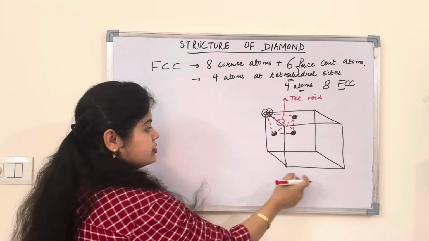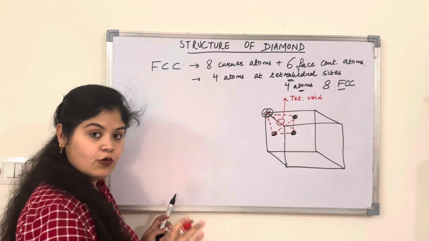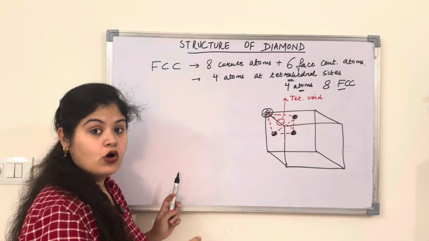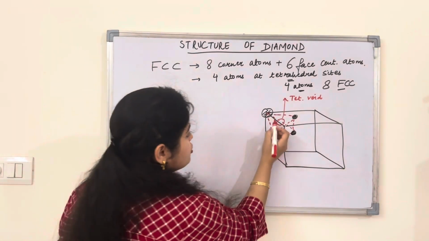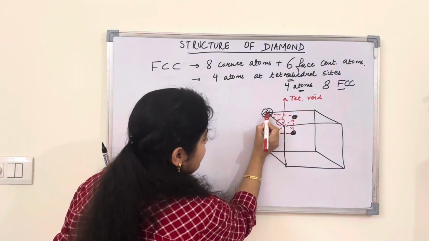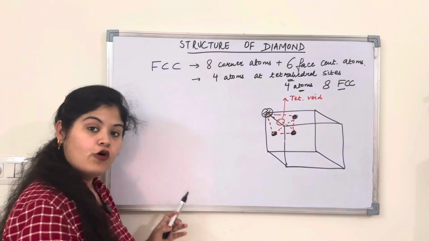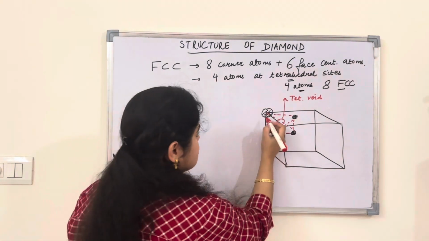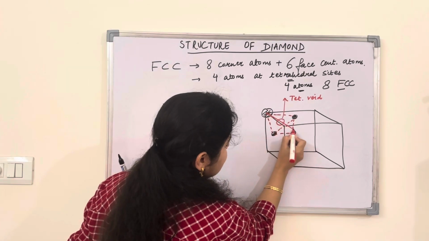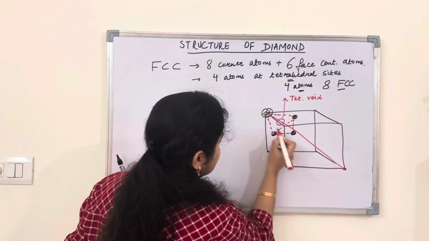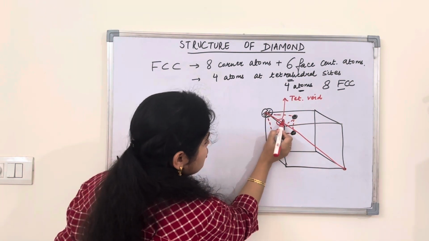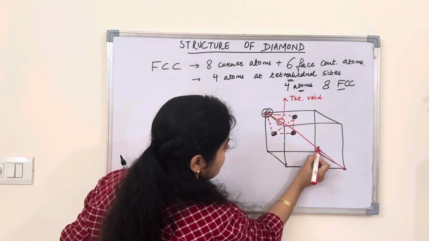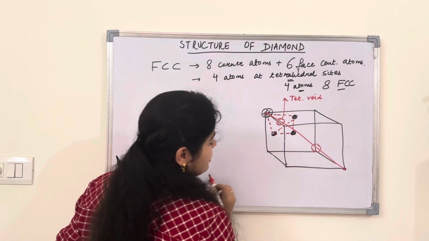And there are 8 corners, so there are 8 tetrahedral voids, and these tetrahedral voids are located on the body diagonals. So how many body diagonals will be there in a cube? 4 body diagonals which join the diagonal corners. So this corner, if I join with this one, then I have one body diagonal. So one tetrahedral void will be here and another tetrahedral void will be somewhere here.